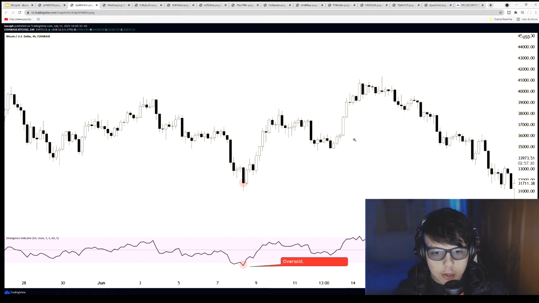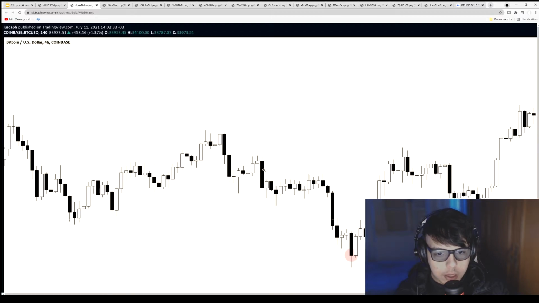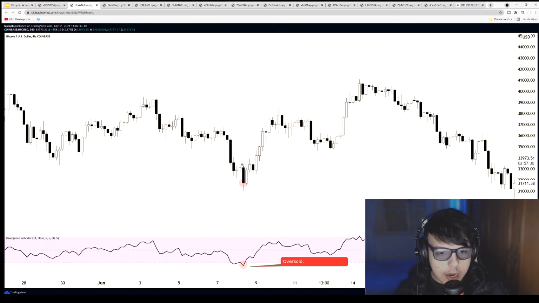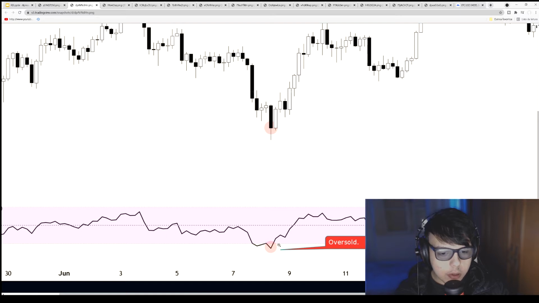The first one is this chart that I have on BTC. If you take a quick look at the price action here, you see that the price was trending lower in this move. We came all the way down to here. And if you take a look at the RSI at this point that I highlighted on the chart, you see that the RSI is below the 30 line, below the purple zone as well.